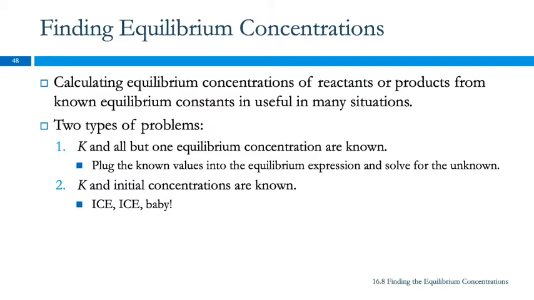So we write the equilibrium constant expression. We've got all the numbers except one. We put the numbers in, we solve for the missing piece. Or, more commonly, we have the equilibrium constant, and we have initial concentrations, but that's all we know.